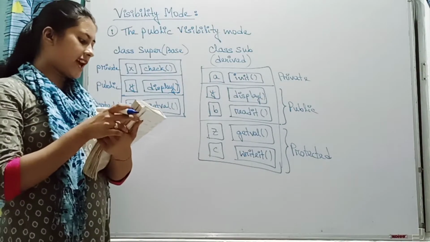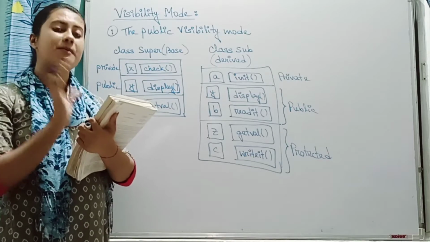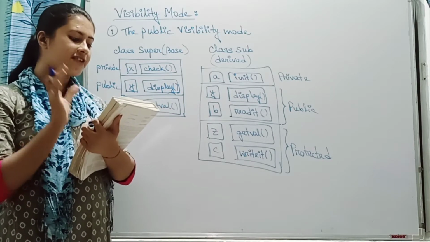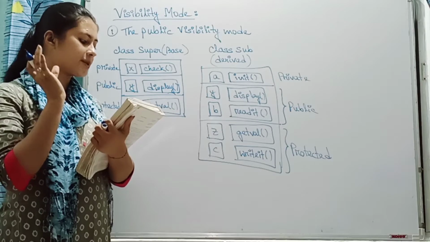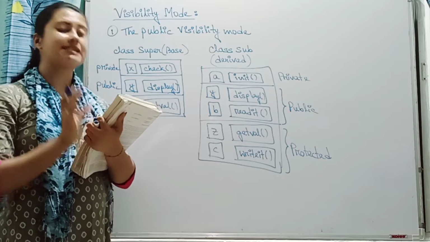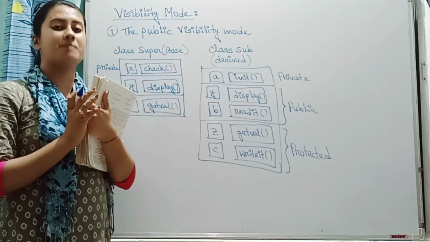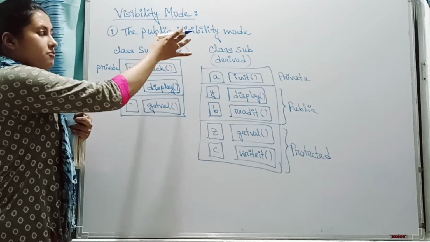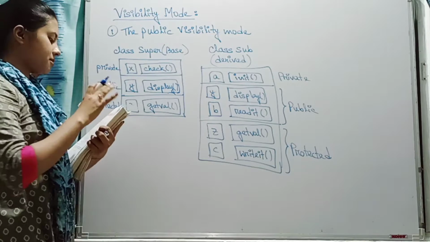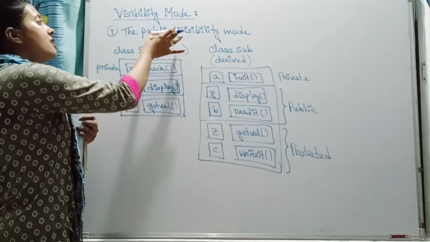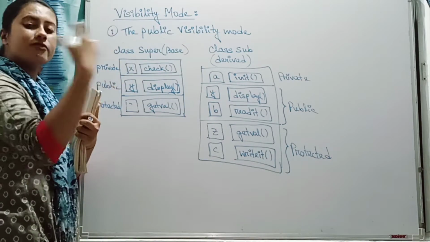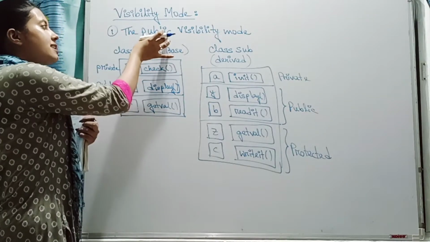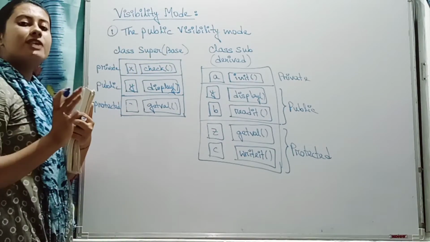Always remember that in the public derivation, this public derivation means that the derived class can access the public and the protected members of the base class but not the private members. Means whenever we define a derived class, then we are inheriting or deriving the base class, and if we are deriving it publicly, then what will happen?